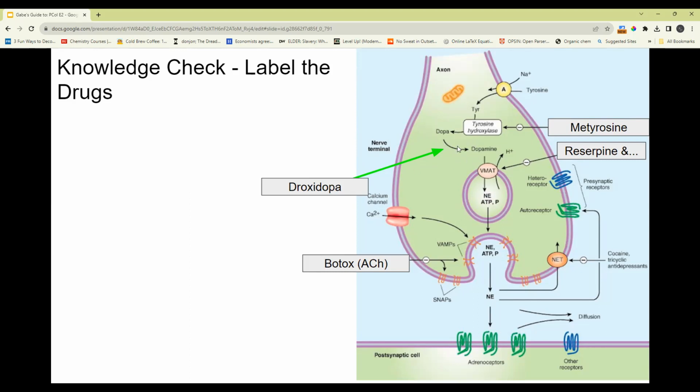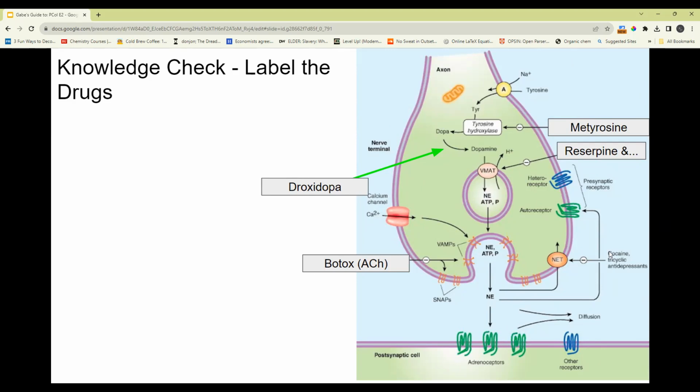So it fits into the enzyme that goes right here, and it creates more dopamine. So expect on the exam to have a diagram like this and to have certain positions you have to fill in, because this is a pretty important way of understanding how drugs interact and talk to each other.